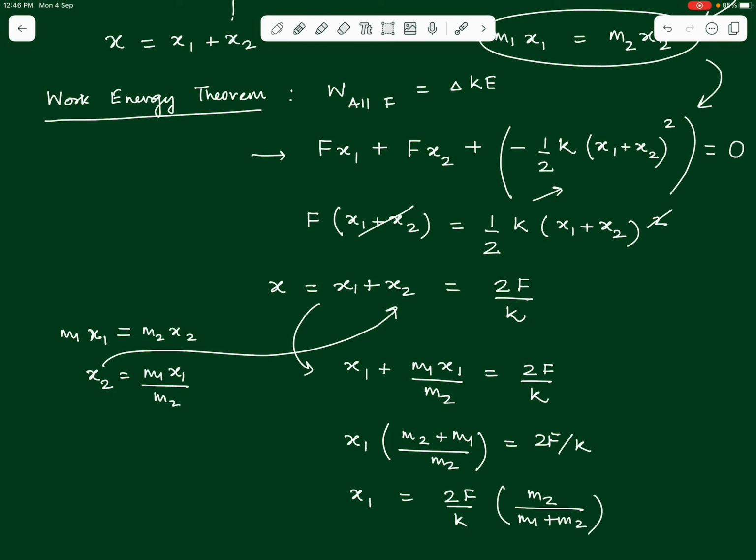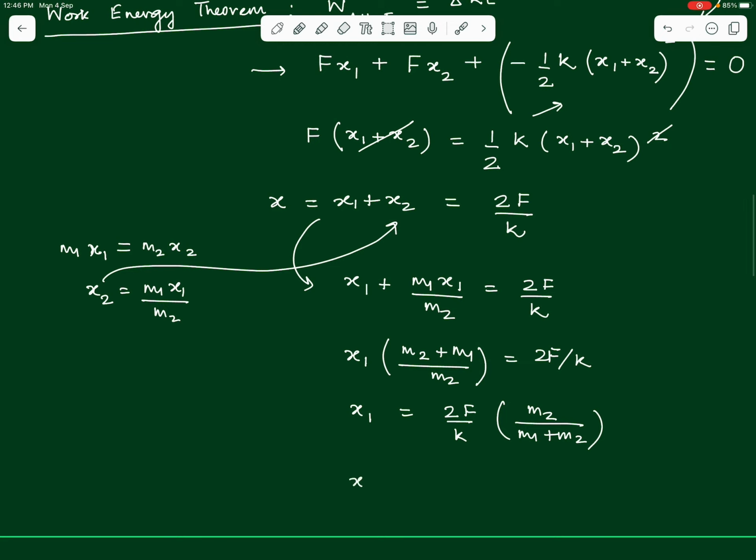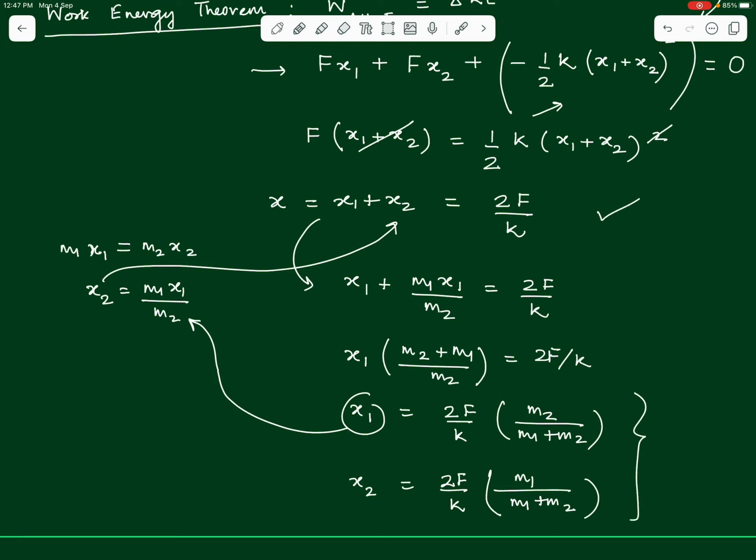And now by symmetry, we can say that the corresponding value of x2 should be 2f by k into m1 by m1 plus m2. You can verify this by substituting this value of x1 into this equation and getting the value of x2. Okay. So all the three values we have got. This is the elongation of the spring, and these are the two displacements of the blocks.